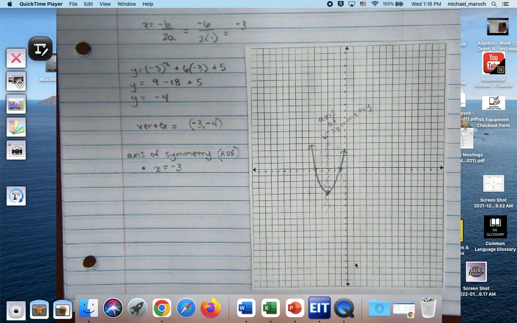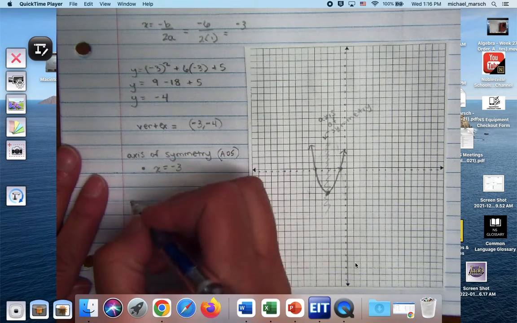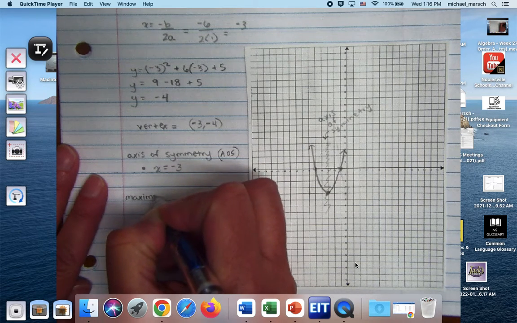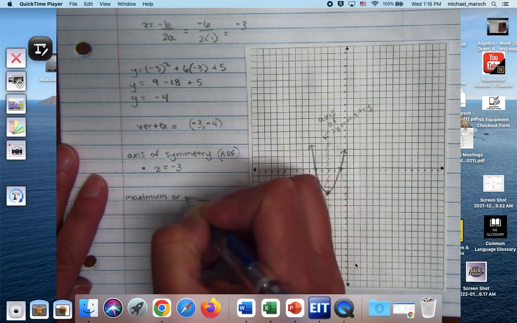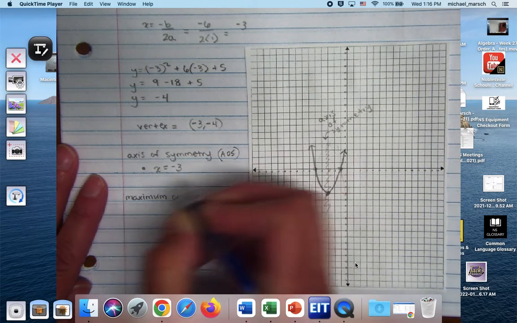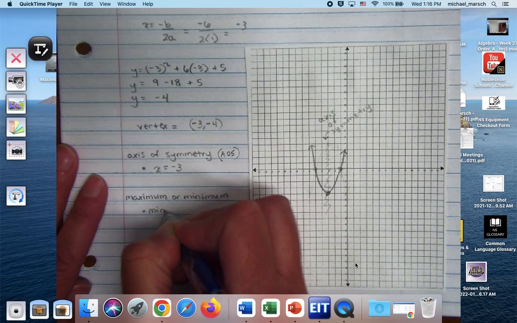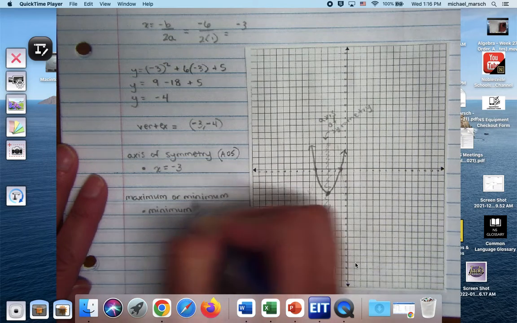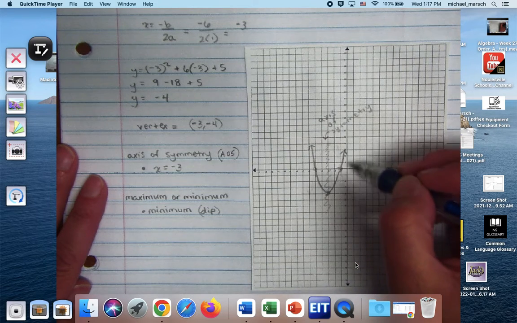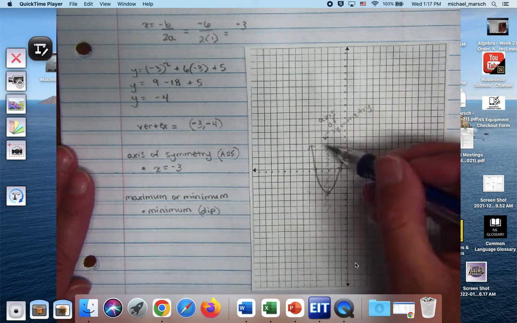Another thing you're going to have to answer is, would this be considered a maximum or minimum? Why? Because it's a dip. It dips down as opposed to peaking like I originally had drawn.